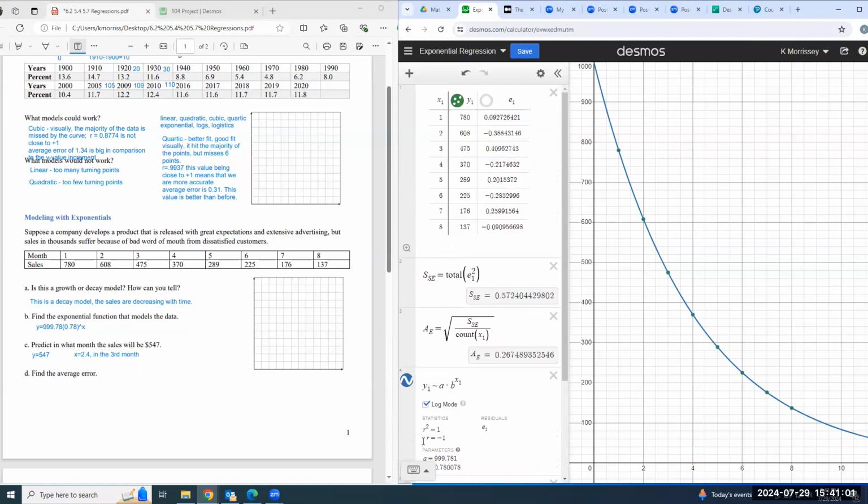And we can see that perfection in your R, your correlation coefficient, which is -1, which is as close as we want to get. So we cannot be more perfect than a positive or a negative one. So with that being said, we're going to be looking at your average error here, making sure that E sub 1 is accurate. So we have your average error of 0.27.